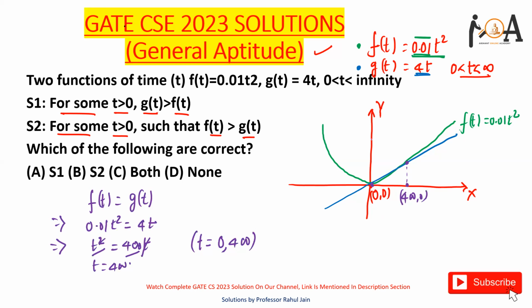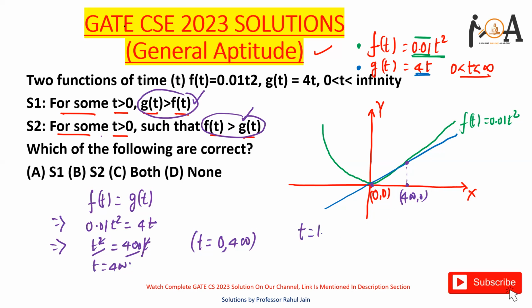Now we need to evaluate whether some point exists where g(t) is greater than f(t), meaning the parabola has larger values, and S2 is saying whether there is some value where the parabola is greater than the straight line. For that, we can put any particular value.